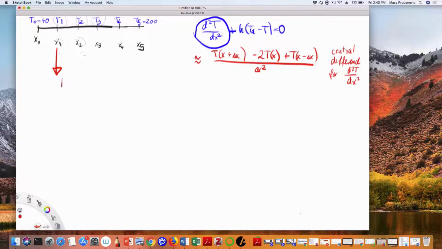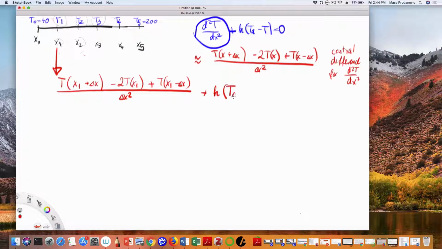So I'm going to write it as T of x1 plus delta x minus 2t of x1 plus t of x1 minus delta x, divided by delta x squared, plus h times TA minus t of x1, which is t1, is equal to 0.